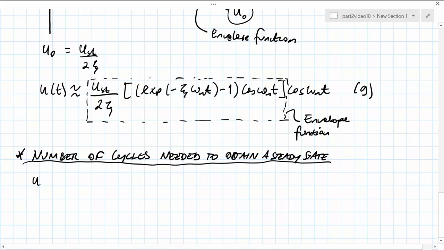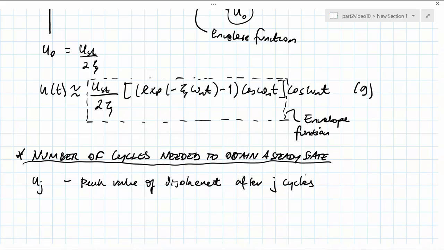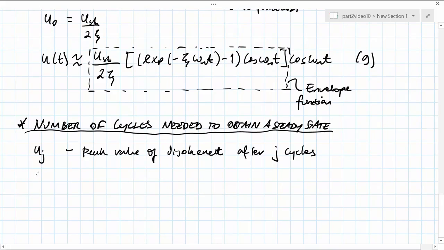If we define uj to be the peak value of displacement after j cycles, then we can relate the number of cycles, j, to uj by defining the time, t, as being equal to j times the natural period, tn, where, as we defined before, the natural period is equal to 2 pi divided by the natural frequency.